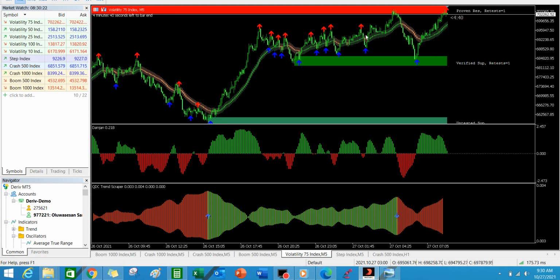The same thing is applicable to a resistance level. If the price action is moving up and it gets to the resistance level, how do we know if it will break out above it, or if it's going to bounce back? These are what we need to know.